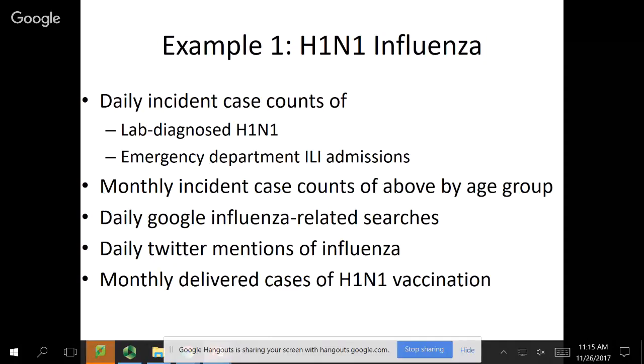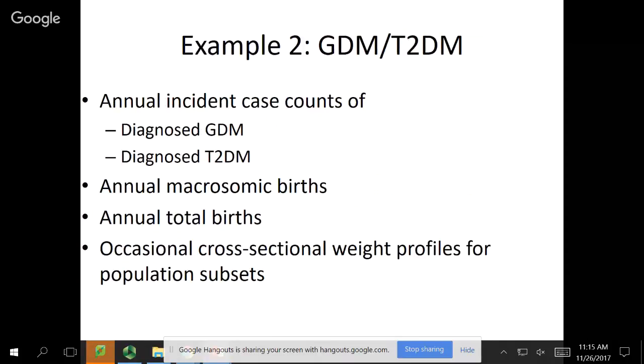Alternatively, we may have things like monthly delivered cases of H1N1. None of these is the same as the other. None of these duplicates the other or merely is a more detailed version of the other. Rather, each of these is a facet of the underlying system. They relate to the same underlying system, and they're not totally independent of each other.